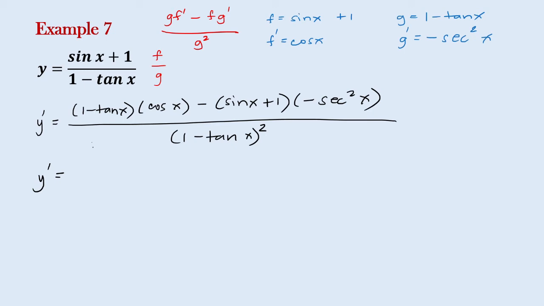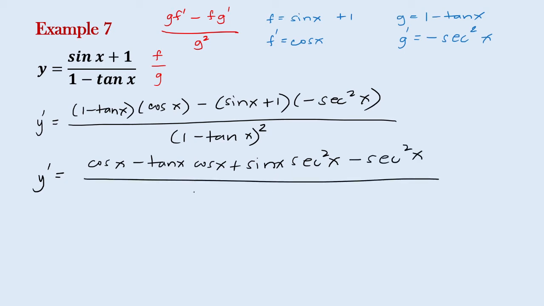Let us now simplify. 1 minus tangent x times cosine x would be cosine x minus tangent x cosine x. And for this part, this would be positive sine x secant squared x minus secant squared x over 1 minus tangent x squared.